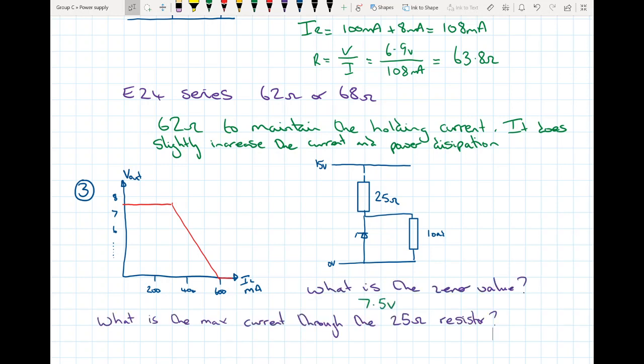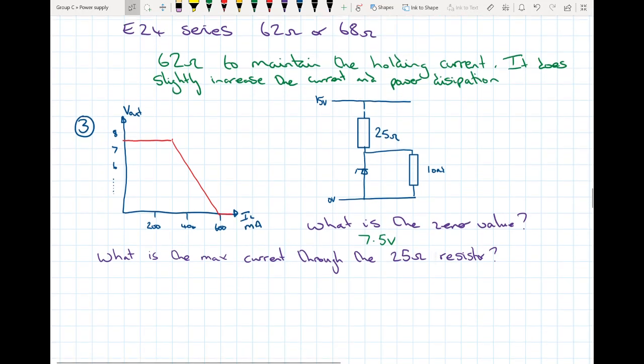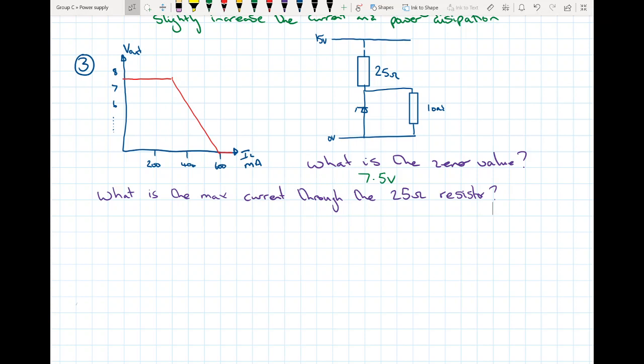Okay, so what is the maximum current through the 25 ohm resistor? We can do this a couple of ways. First of all, just use the traditional method, voltage divided by resistance. If we assume the maximum current is when we have no load connected, we're going to have the whole of the 15 volts.